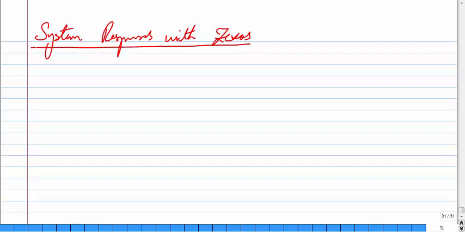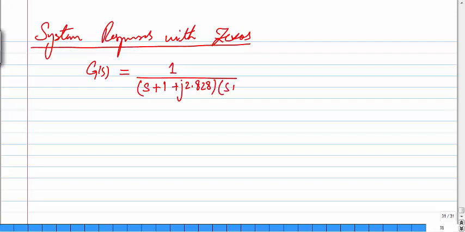For example, assume that we have a second order system that looks like this: G of s is equal to 1 divided by (s plus 1 plus j2.828)(s plus 1 minus j2.828).